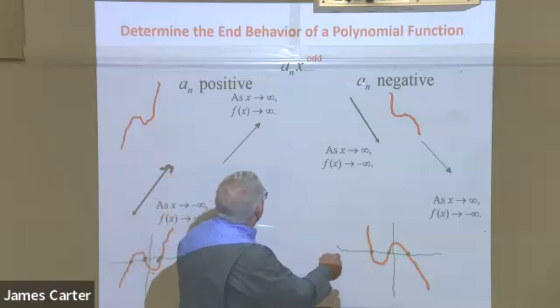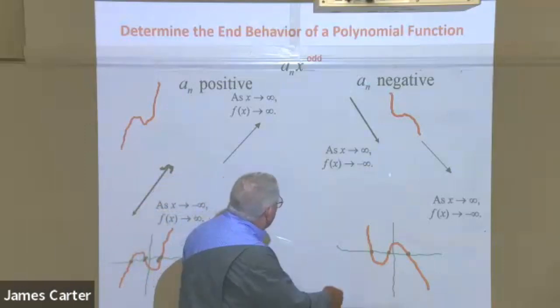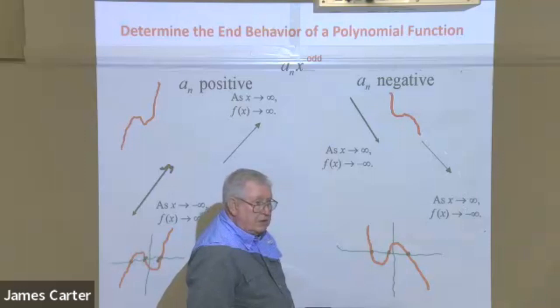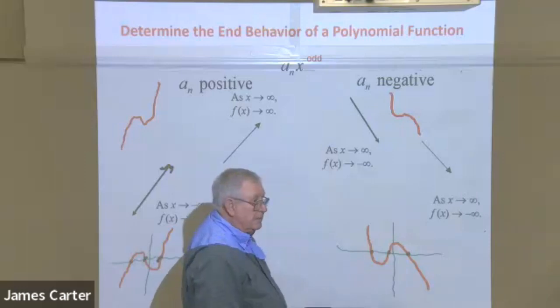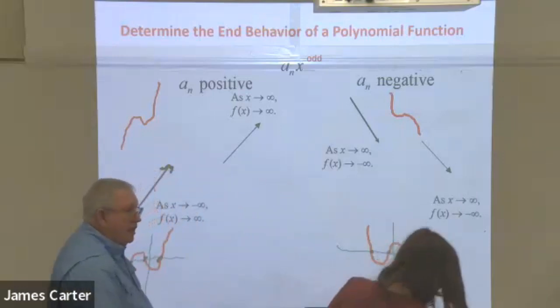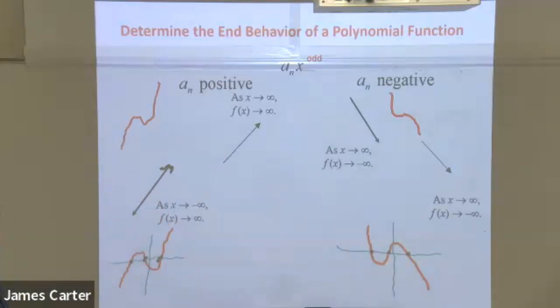Or if you got a negative first term, it'll go from up to down, and that's kind of like that. And that's just the end behavior on those. Okay. Now, we're talking about odd powers, whether it's a second or a third or a fifth or a seventh or a ninth, just would put more bumps in it, potentially.